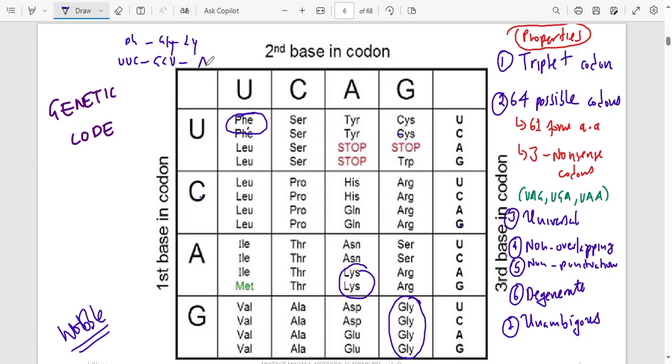Okay, A, A, G or even A. So please keep this. For the first one, we have two U's. Remember the third position wobbles, right? So it can change. But for phenylalanine, it can only change between uracil and cytosine. So we have UUU, UUC.